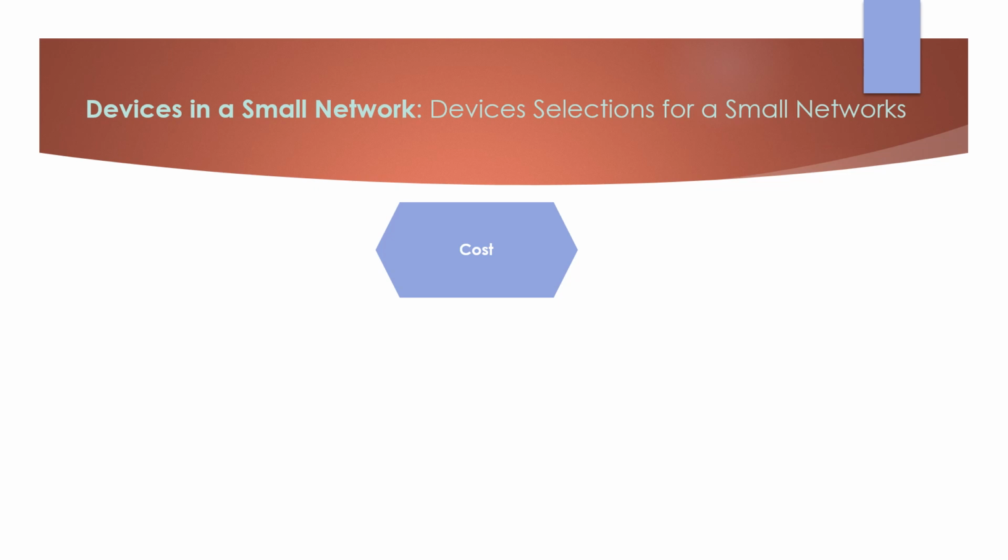Another factor is speed and types of ports and interfaces. Choosing the number and type of ports on a router or a switch is a critical decision. Newer computers have built-in 1 gigabit per second network interface cards.